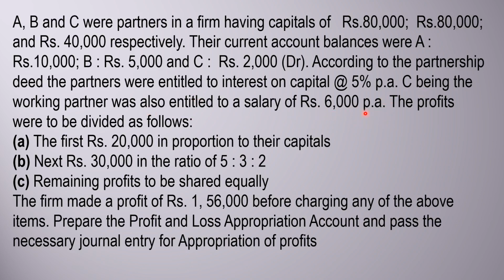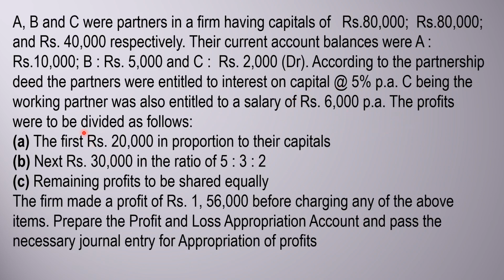Per annum is provided, so no need to multiply by 12. It is another appropriation item which will decrease the share of profit. So in the P&L appropriation account, debit C's salary. These two, interest on capital and the partner's salary, are actually expenditure on behalf of the partnership firm.